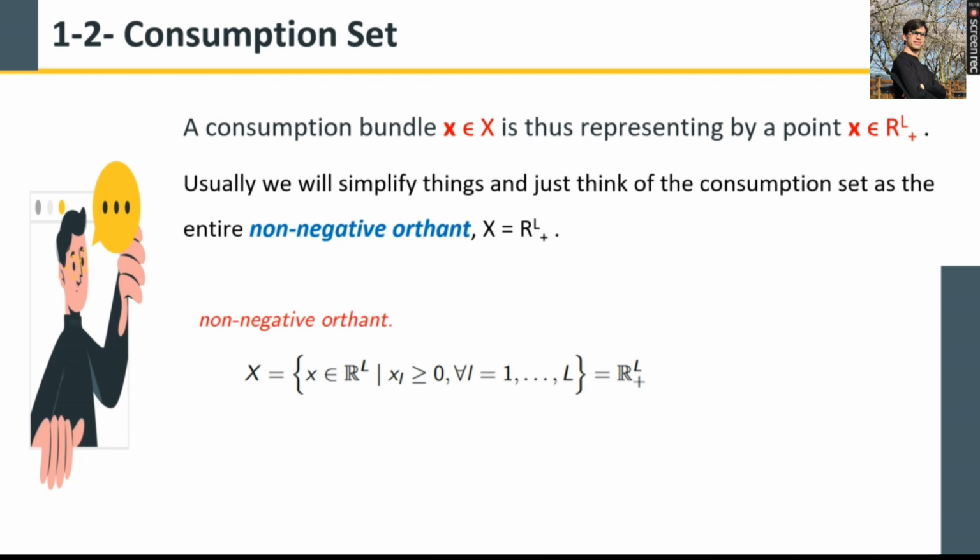It means the consumption set is the entire set of real numbers with L dimension but non-negative. So we can consume any amount from 0 upward, but it is non-negative. It means we cannot consume a negative amount of goods.